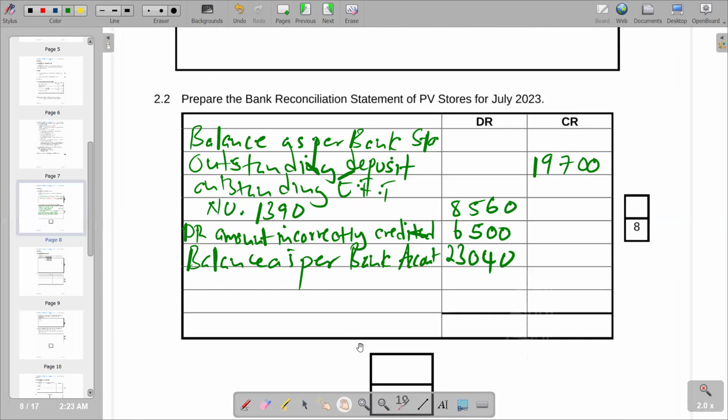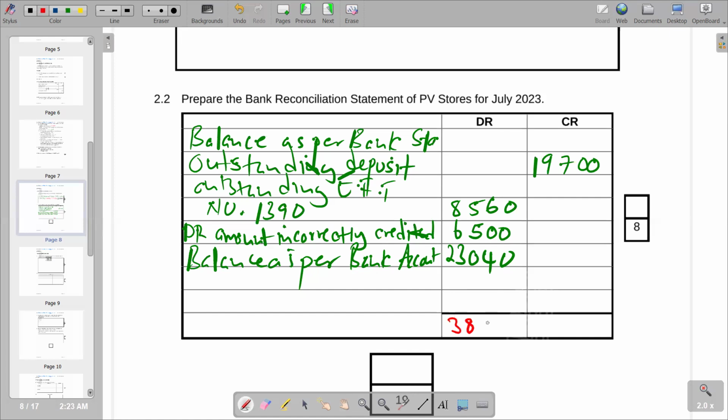By me looking, you can see that 23,040 is greater than 19,700, and then we're also supposed to add 6,500 and 8,560. That makes debit the greater total. So if you say 8,560 plus 6,500 plus 23,040, you get a total of 38,100.